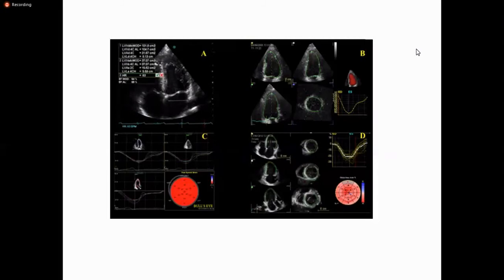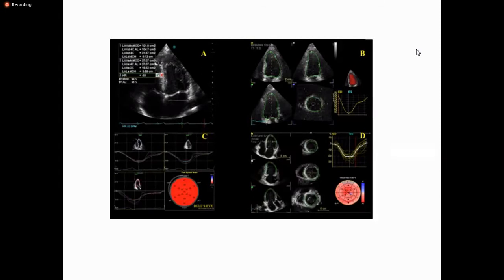When the muscles are contracting and relaxing, we measure the strain pattern of the muscle, how the muscle contracted and how it relaxed. This pattern is shown in graphical presentations to see whether the heart is under strain or working normally. This is the strain imaging of the heart, one of the modalities of echocardiography.